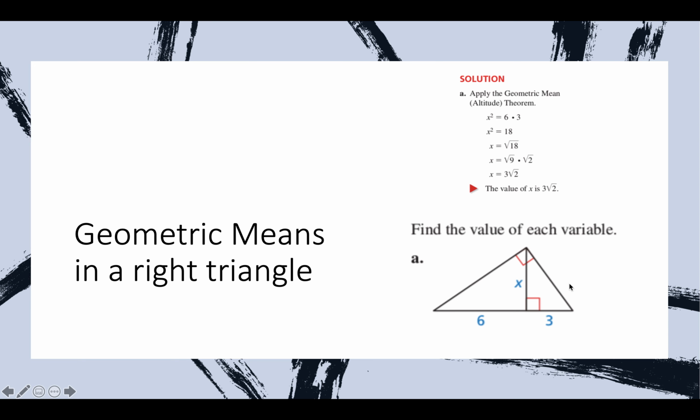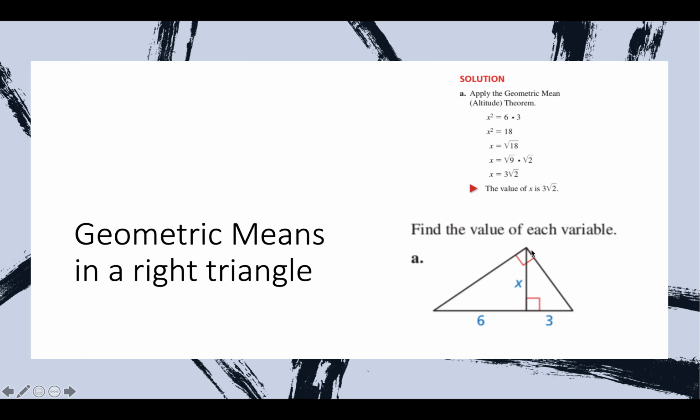And then on the outside is a big triangle. They are all right triangles and they are all similar. On the left, on the medium-sized triangle, we have the short leg and the long leg. On the right little triangle, we have the short leg and the long leg. So short over long, x over 6 equals 3 over x.